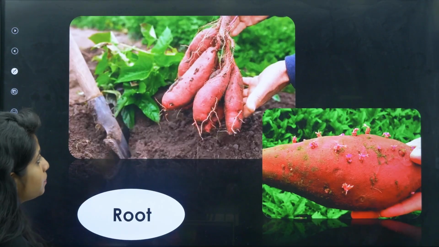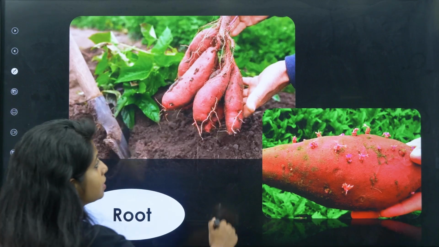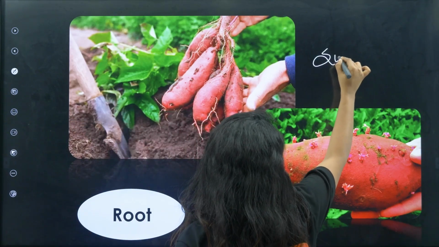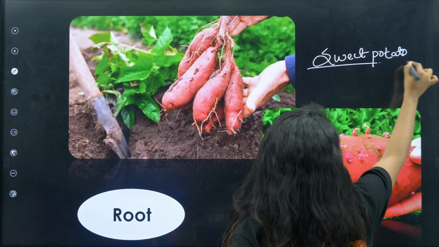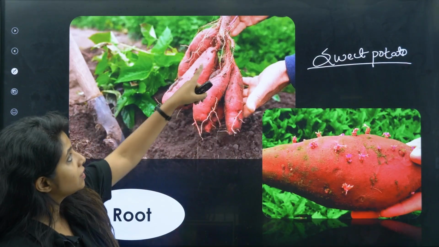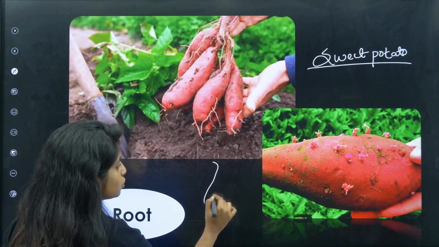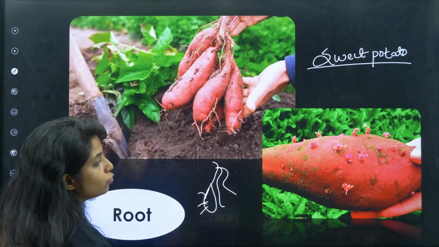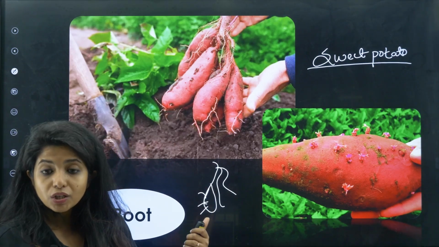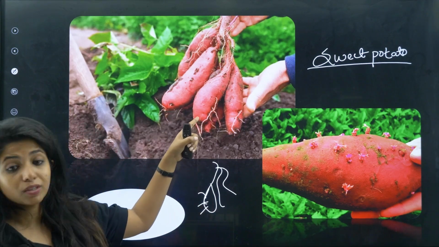Next thing, over here you see something like this, which is known as sweet potato. What is it, children? It is sweet potato. Now, what happens in sweet potato? Again, these are the roots. So the roots, which look like this, enlarge and store something and give rise to new plants. Basically, the roots of the sweet potato.